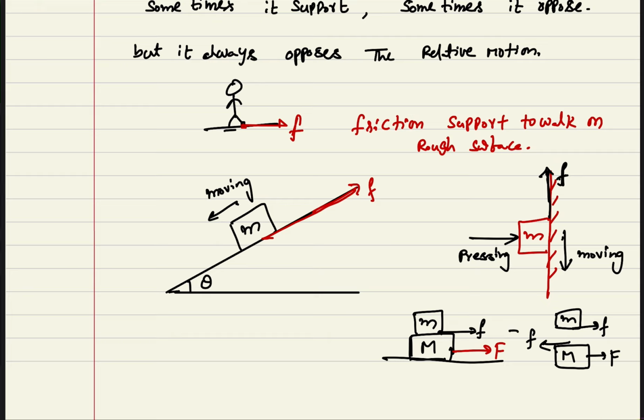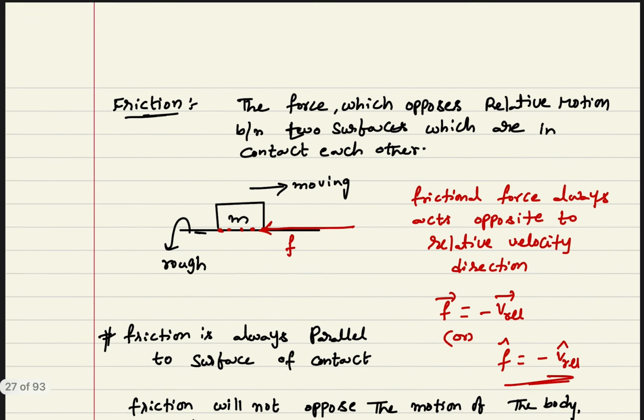This is the picture for friction. For the upper block friction is acting forward, on the lower block friction is in the backward direction. It indicates that friction is supporting the motion of the upper block. Similarly, it is opposing the motion of the lower block, as there is a relative motion between the two surfaces.